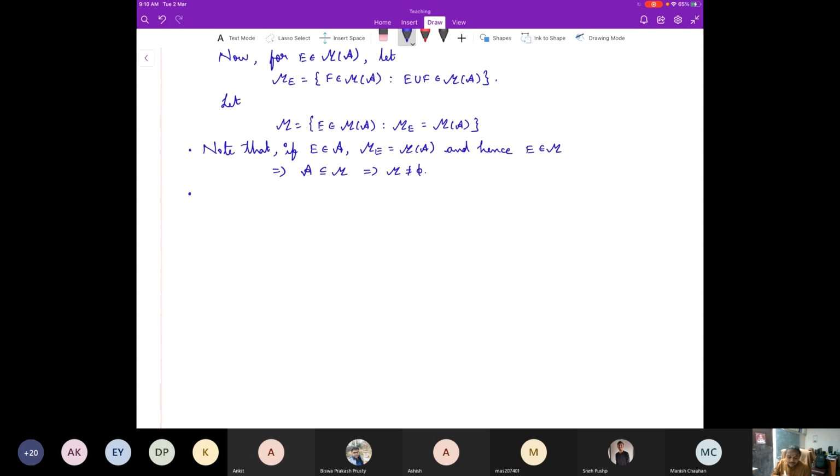Second thing, E belongs to script M if and only if the corresponding ME is equal to M of A. But what is ME?